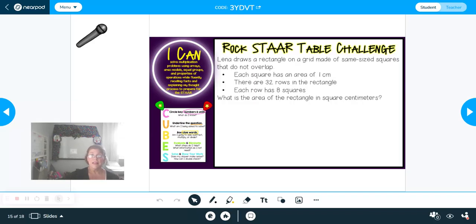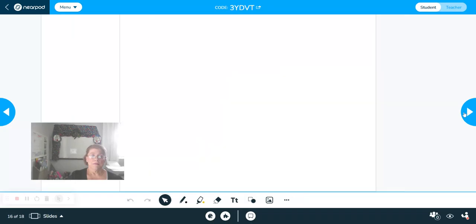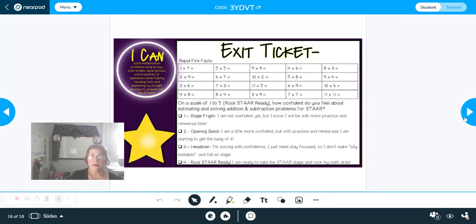So it lets them choose their own path. And this one, I thought I changed it. It should be a scale of 1 to 4, but it's just a math rapid fire. That is their exit ticket. I'm not going to redo that, so you can fix it if you want to.